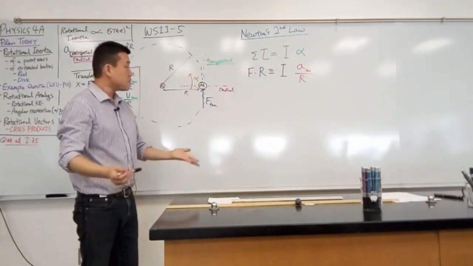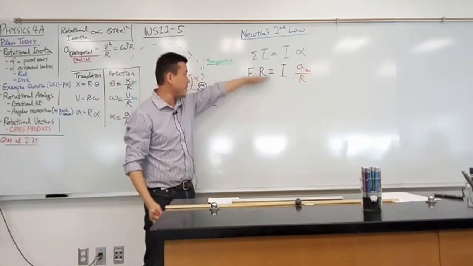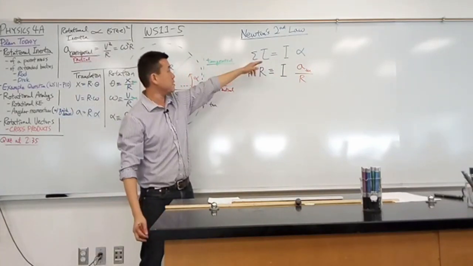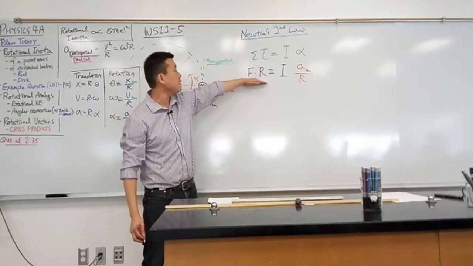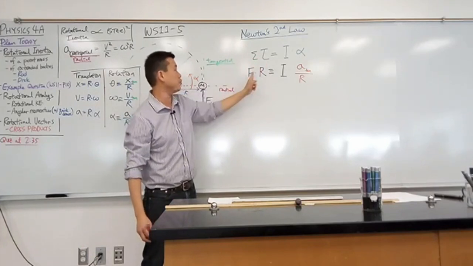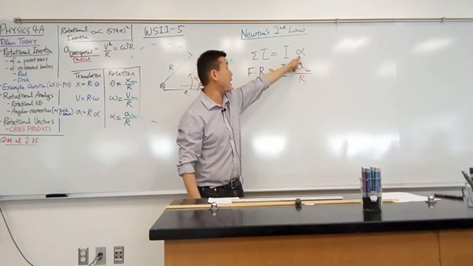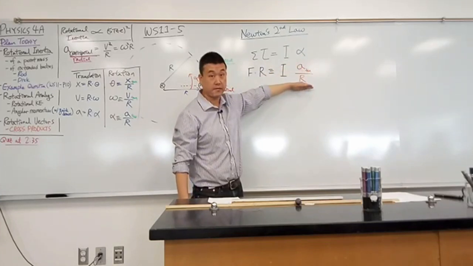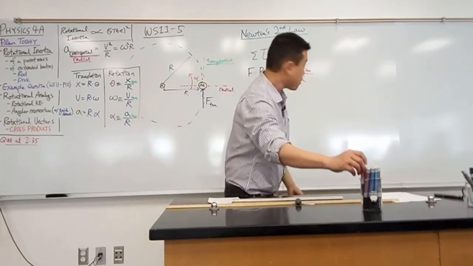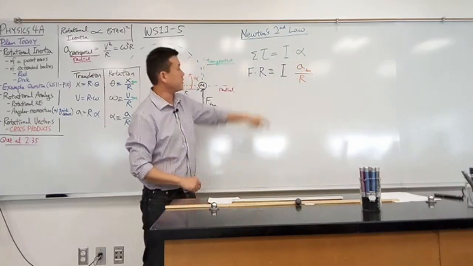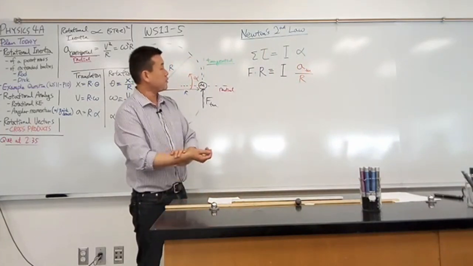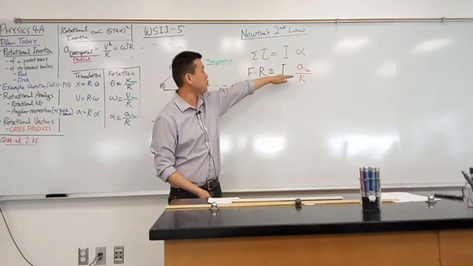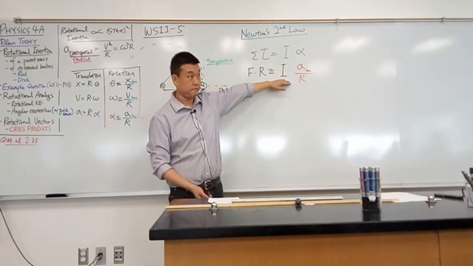Okay. So, so far we haven't done anything but definition. This is how torque is defined, or the relationship of torque to the force is defined. This is how the relationship of angular acceleration to acceleration is defined. Okay? So once we have this written down, then we can try to figure out, okay, what should rotational inertia be?